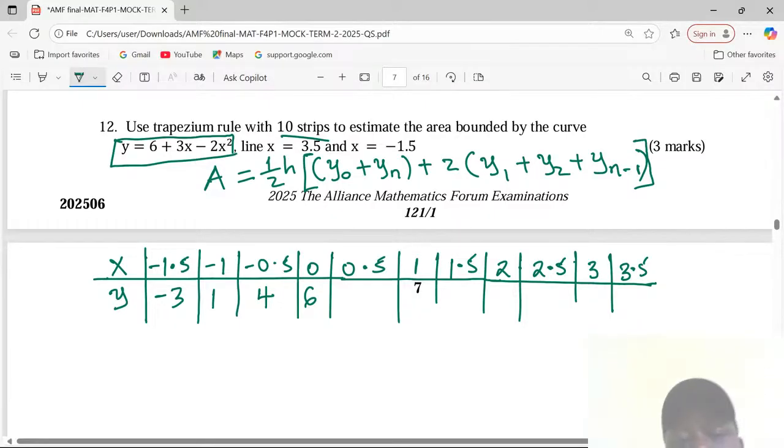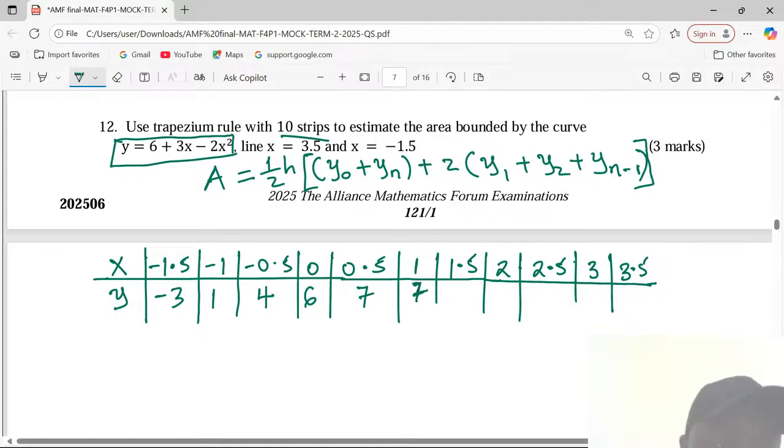Then at 0.5, you substitute, and you shall get 7. Then at 1, you substitute, and you shall get 7, yeah? Sorry for that. There is already a typed 7 here.